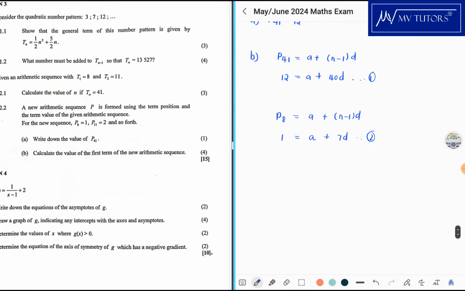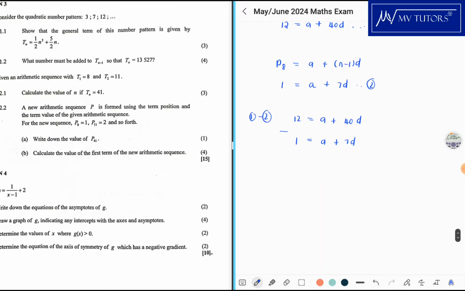And then I can say equation 1 minus equation 2. So I have 12 is equal to a plus 40d, and 1 is equal to a plus 7d. Equation 1 minus equation 2: 12 minus 1 is 11, a minus a is 0, and 40 minus 7 is 33.